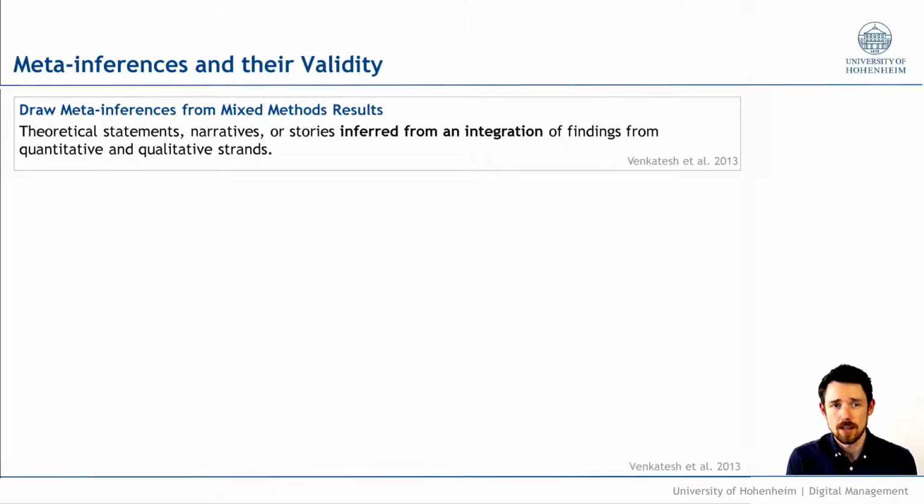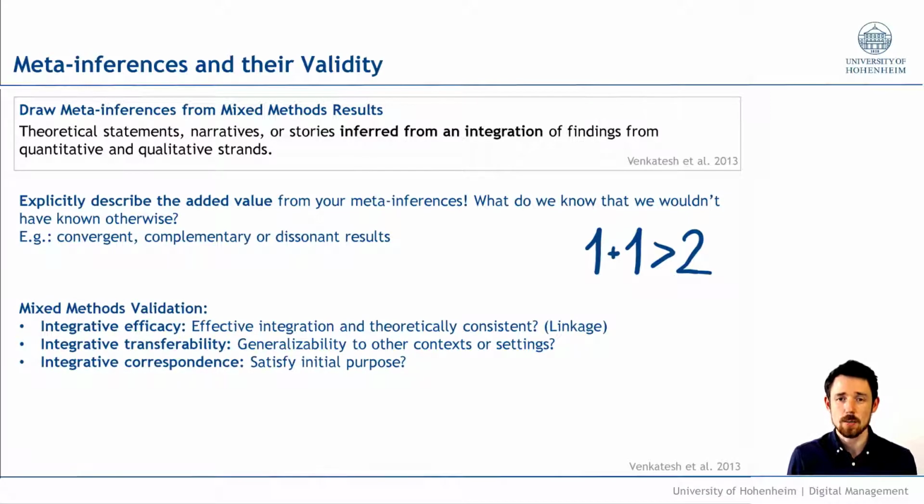Meta-inferences are theoretical statements or narratives or stories inferred from an integration of the findings from the quantitative and qualitative strand. So basically, it is the meta-inferences that bring out that added value of a mixed method study.